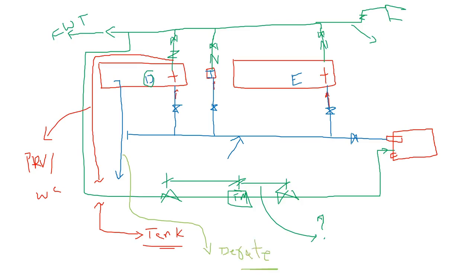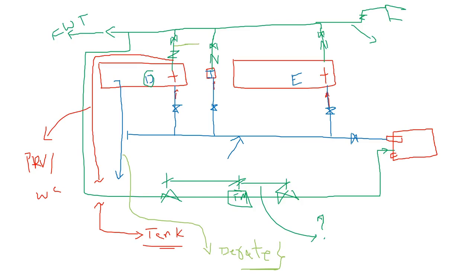And next, the pressure sensing line. The pressure sensing line will be taken from each discharge line after the check valve, and this will be connected to the controllers.